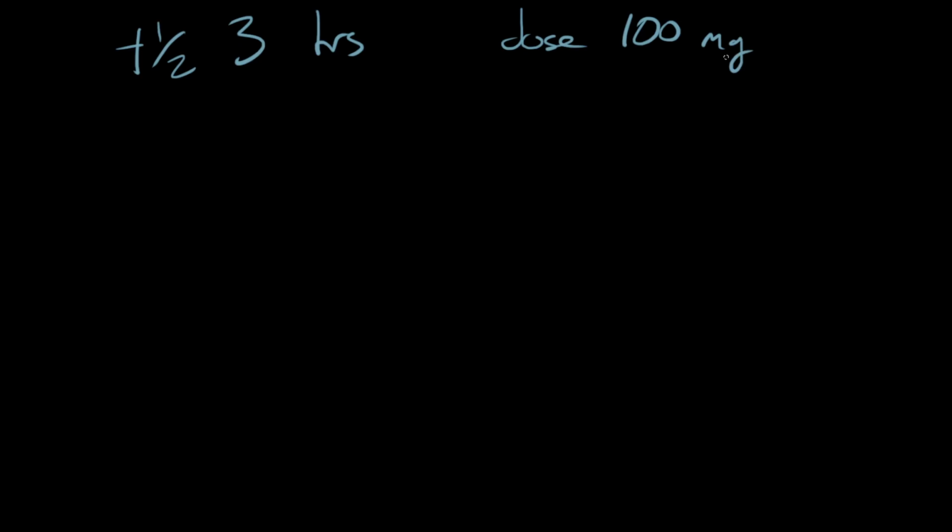Yeah. So the question was about one of the problems on the pharmacokinetics 2 PowerPoint. There was a half-life of a drug. So the T1/2 of the drug was 3 hours. I was told that the dose was 100 milligrams every 3 hours.